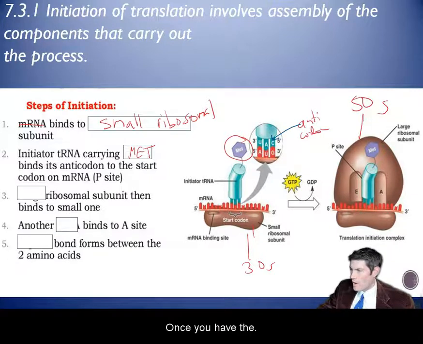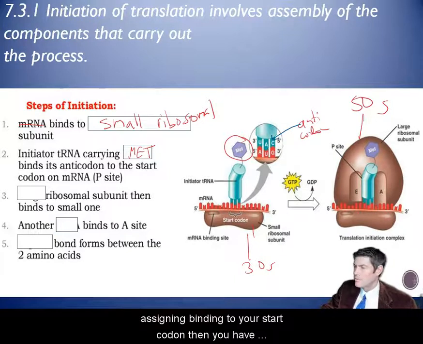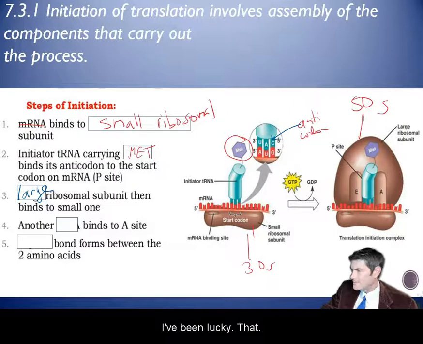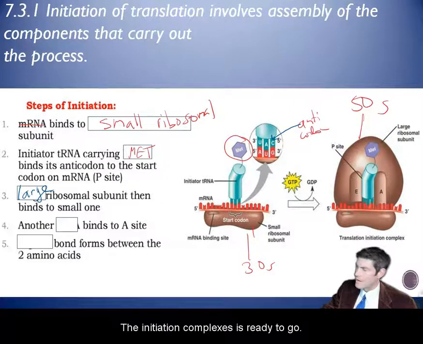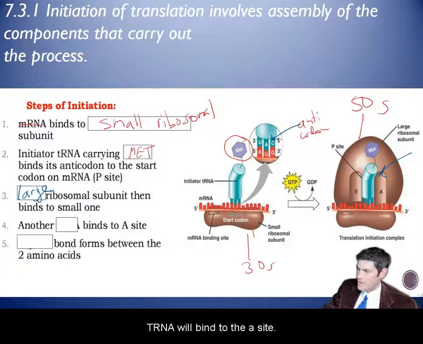And once you have this methionine, this initiator tRNA carrying the methionine, binding to your start codon, then you have that large ribosomal subunit arrive. And then look, the initiation complex is ready to go. And then what'll happen is another tRNA will bind to the A site.